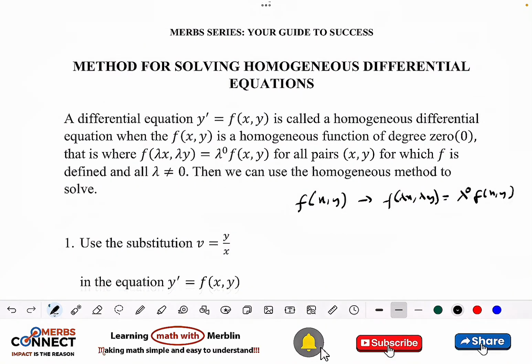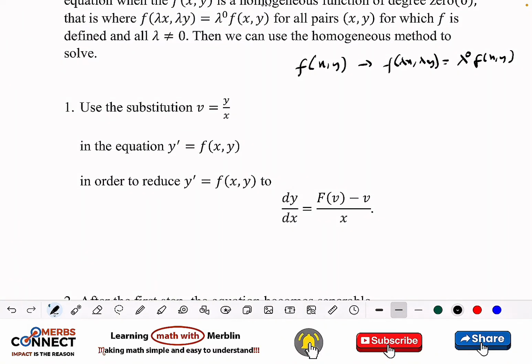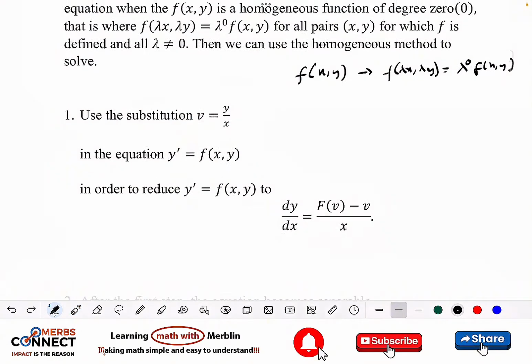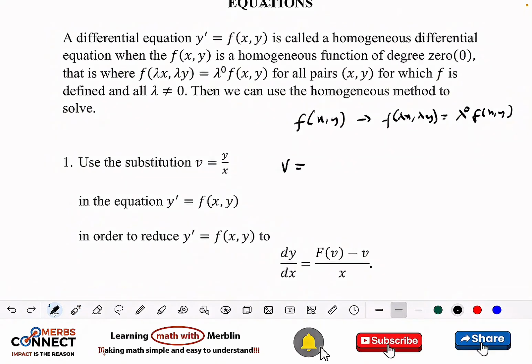So these are the steps. First, we are going to use substitution, where we say let v equals y over x, and this will imply that y is the same as v times x. And one thing that we need to know from here is that v is not constant.